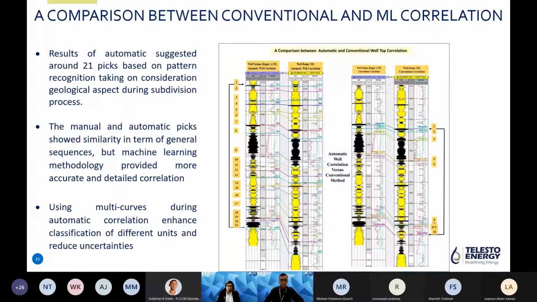In the automated approach, those 10 tops were picked. Besides those 10 tops, we also picked more than 11 additional well tops. And this is automatic. There's no manual intervention here. And also, we could see a very good match in terms of the well tops picked using this machine learning algorithm, as well as the well tops picked manually.